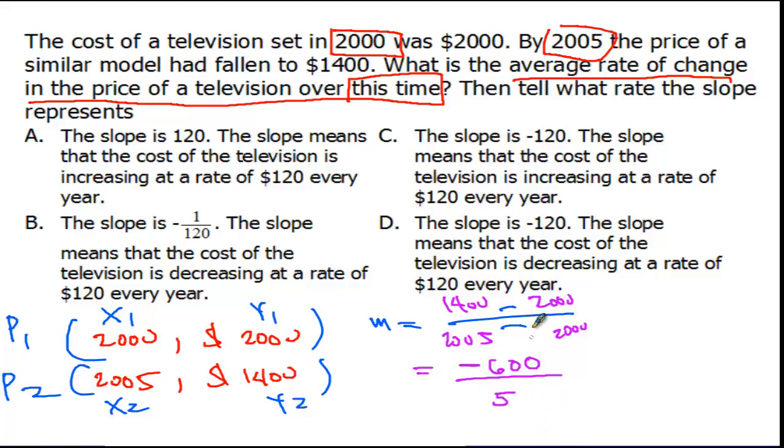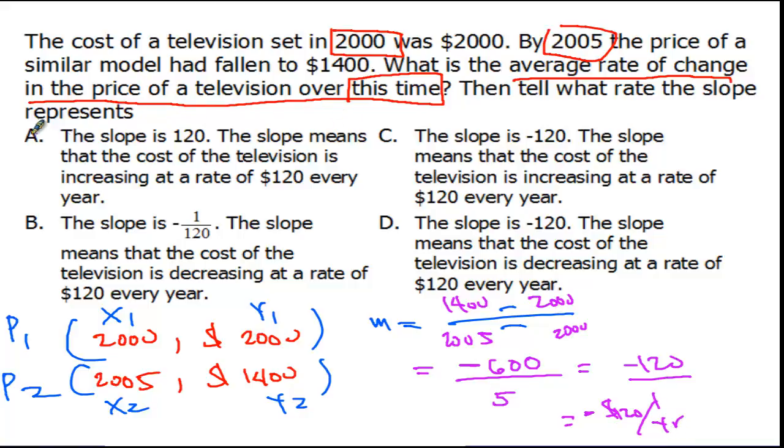Okay, so when you simplify negative 600 over 5, you will get negative 120 over 1. In terms of the context of the problem, this means negative $120 per year. So what's the meaning of the negative value? It means that the cost should be decreasing.